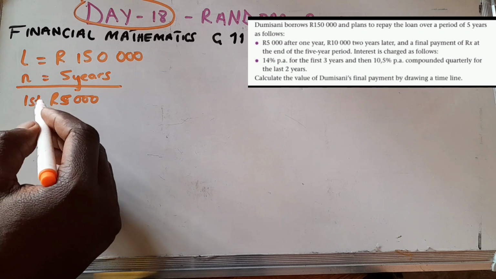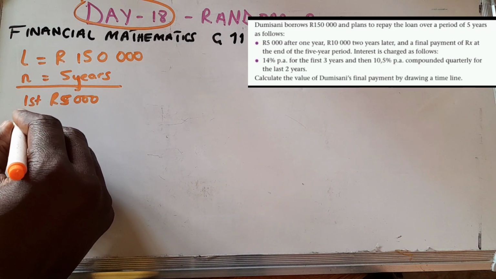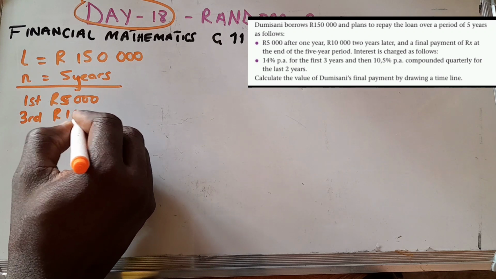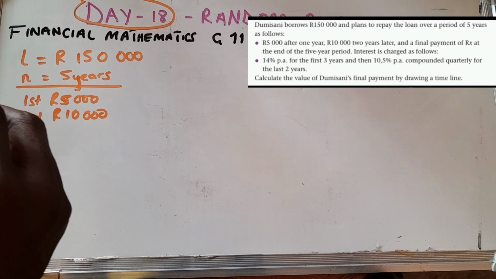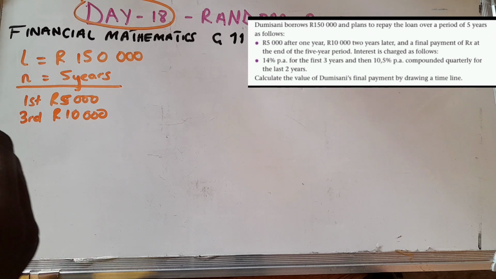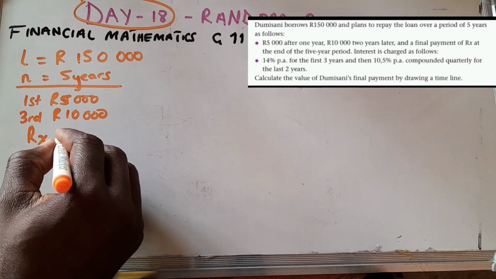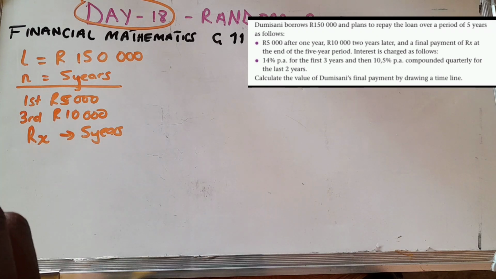So it means that after this 1 year he pays 10,000, so 2 years later, at the third year, he pays 10,000, right? And the final repayment of R X. So the R X he made after 5 years.